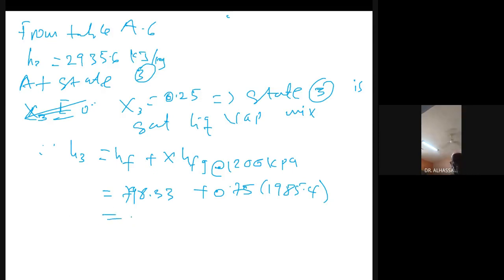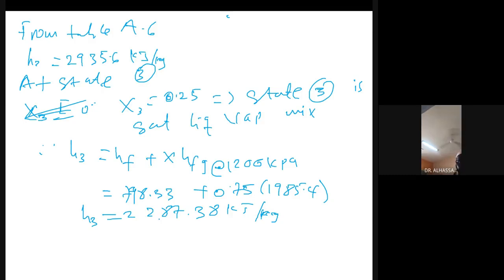Eventually this gives me H3 equals 2287.38 kilojoules per kilogram.